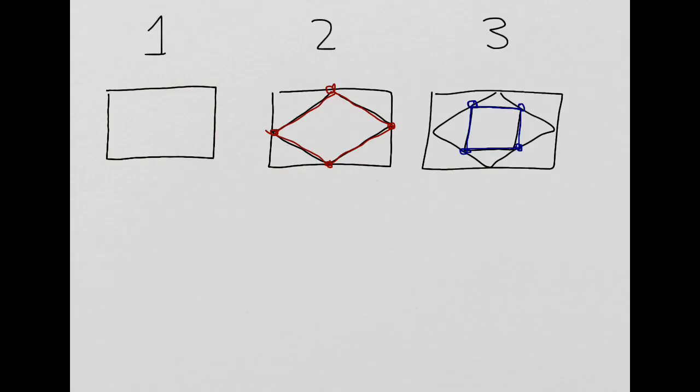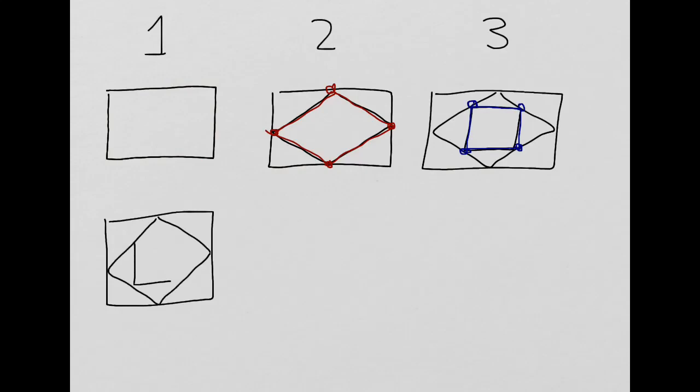So, if I'm going to continue this pattern, I will go ahead and form the conjecture that if this was my step 3, then my fourth term is going to be to hit the midpoints of this square, and I'm going to draw in another rectangle.